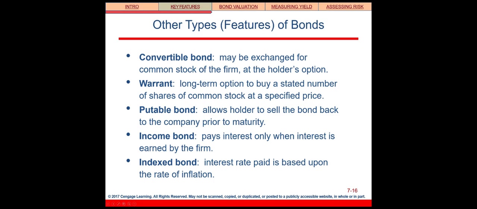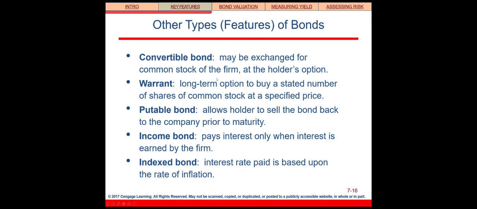Convertible bond means that the bond can be exchanged for common stock of the firm at the holder's option. Right now you bought a bond, but the bond can be turned into stock once you meet all the requirements. The second one is warrant. This is a long-term option to buy a stated number of shares of common stock at a specified price.